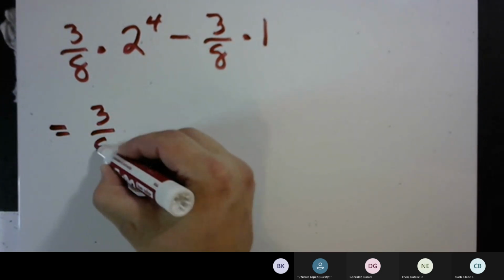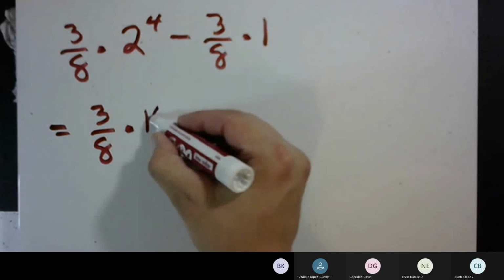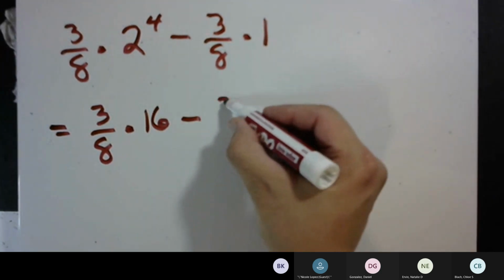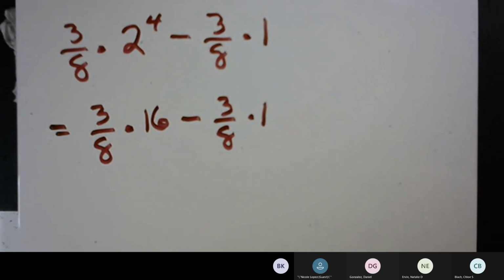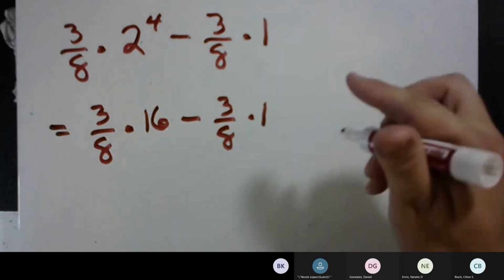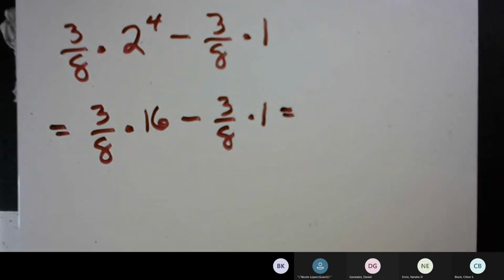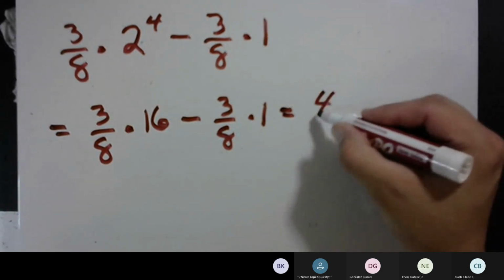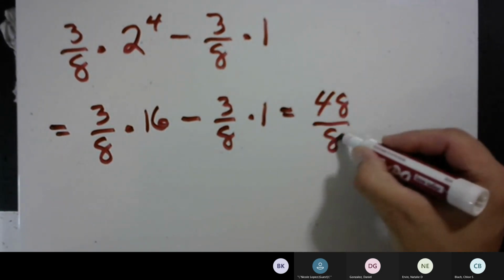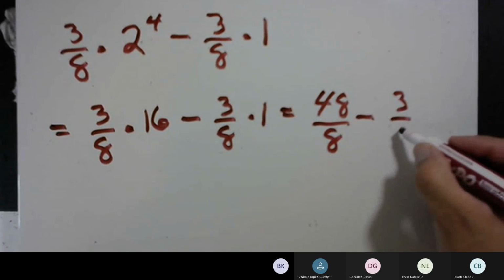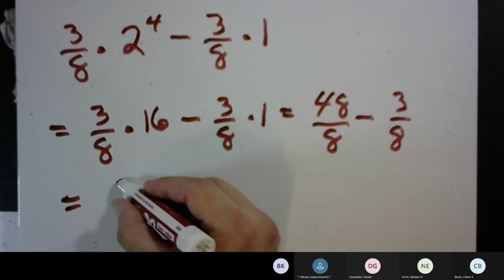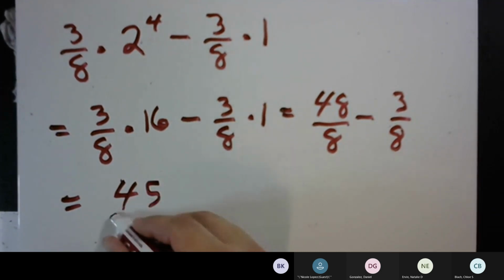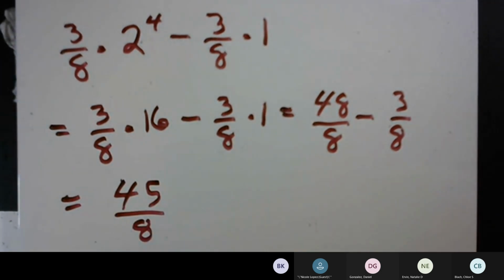Or 3/8 times 16 minus 3/8 times 1. Or let's see, 48/8 minus 3/8. Double check this. 45/8.